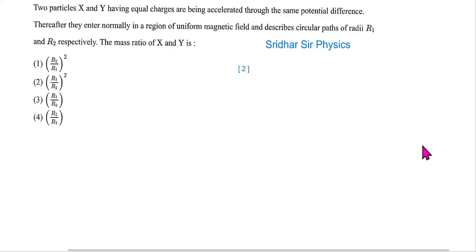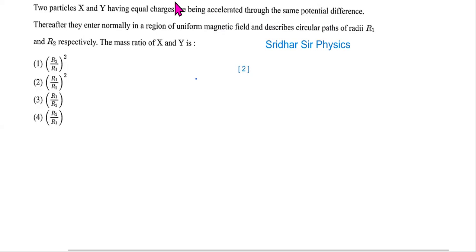Two particles x and y having equal charges are being accelerated through the same potential difference. Thereafter, they enter normally into a region of uniform magnetic field and describe circular paths of radius r1 and r2. Find the mass ratio of x and y. Equal charges accelerated through the same potential difference.